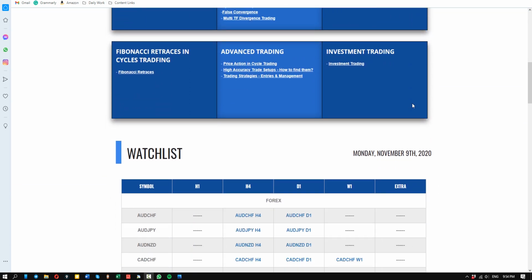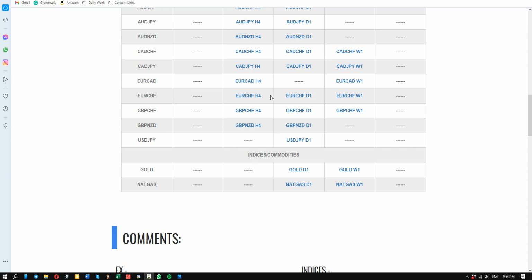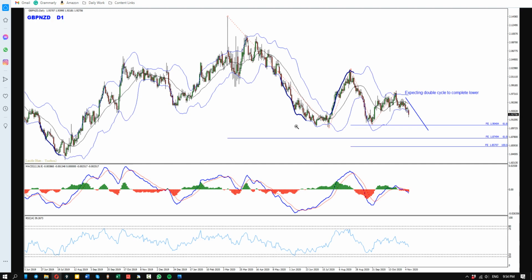So I want to take the example of the pound New Zealand, and I want to explain why we were in a sell here, and how to time that properly.